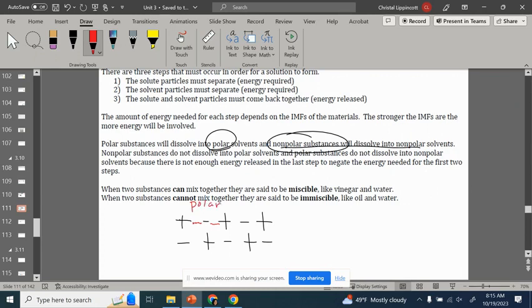Okay. So let's just call this one our solute, like sodium chloride. So we're going to pretend that that's sodium chloride. There's attractions between these ions. Everybody buy that? That's why they stay together.